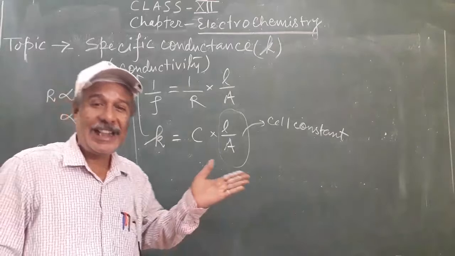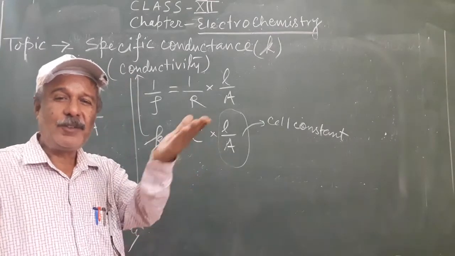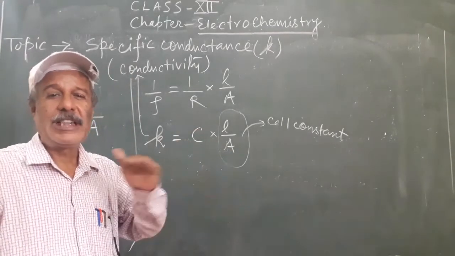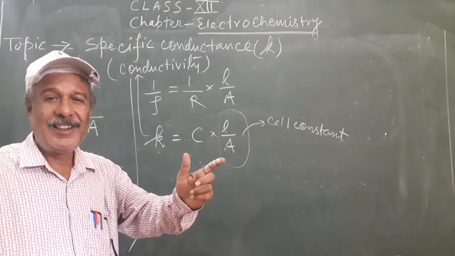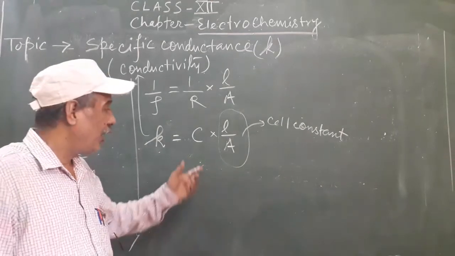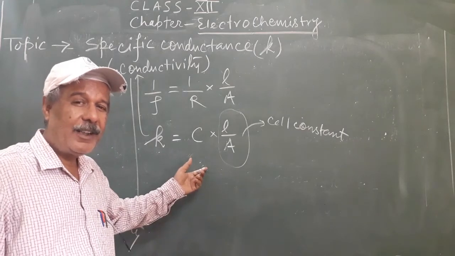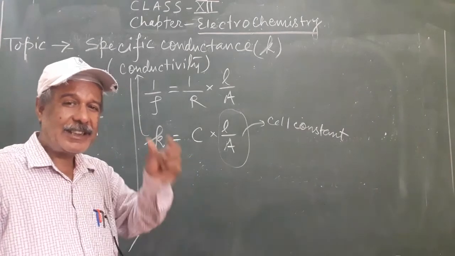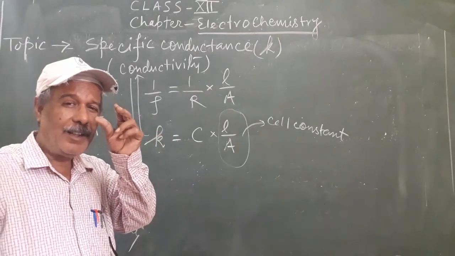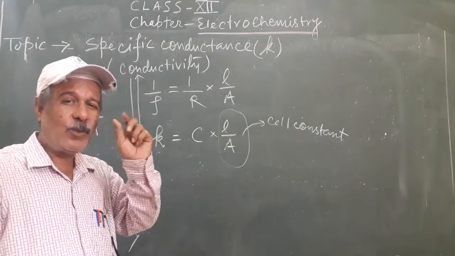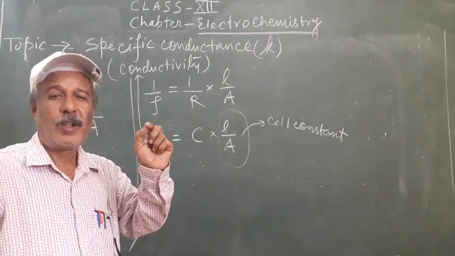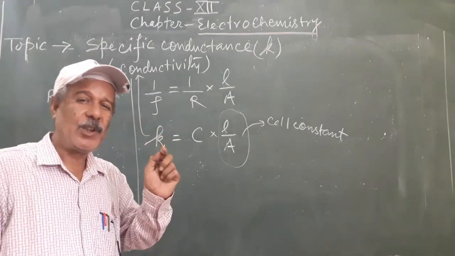Suppose there is electrolytic conductance, means current is flowing through an electrolytic solution, then the ions are the carriers of current. So what is defined? Let us imagine 1 ml, which means 1 centimeter cube of volume of that solution.